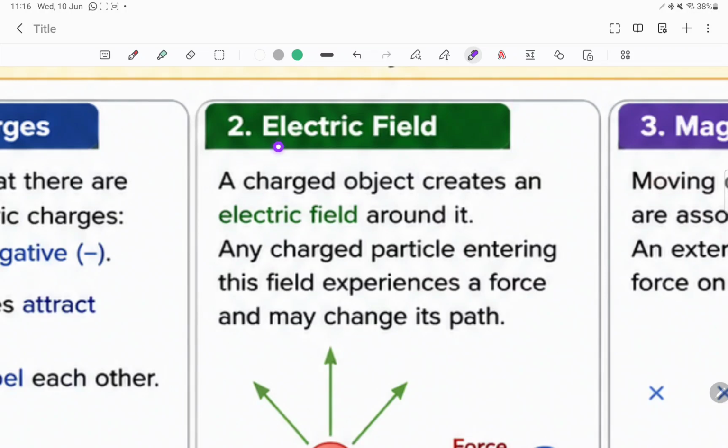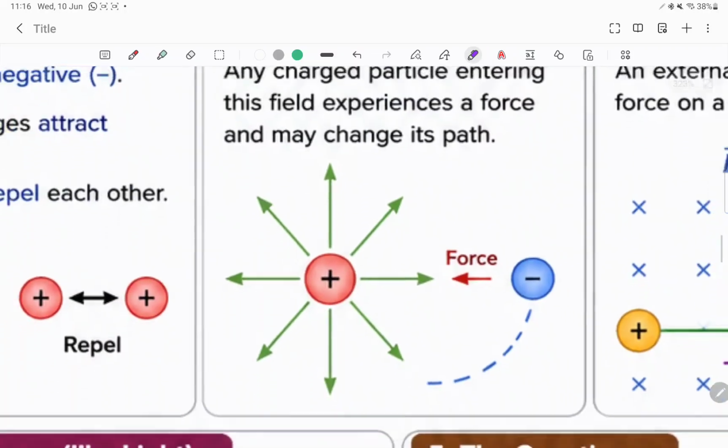So this field can affect any other moving charged particles. They may be attracted or repelled based on their charges. Whenever any charged species enters the field, an electric force acts on the charged particles.